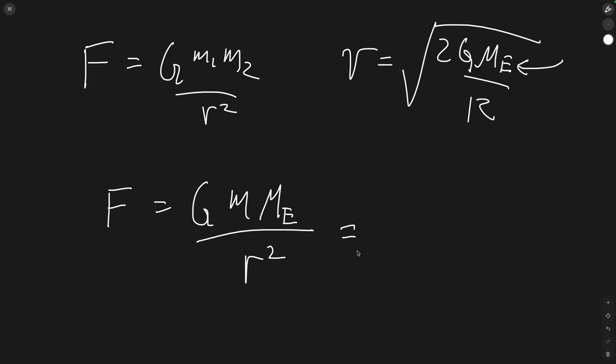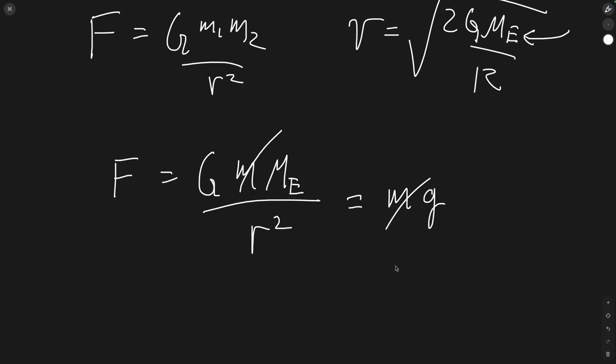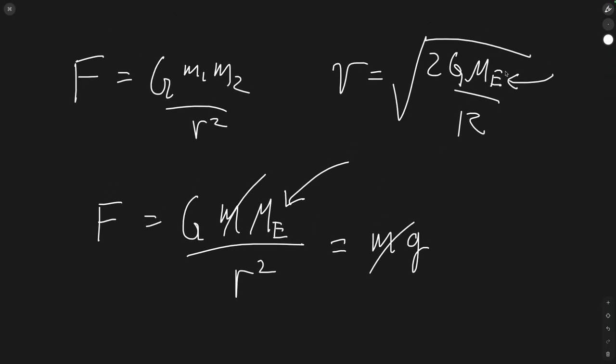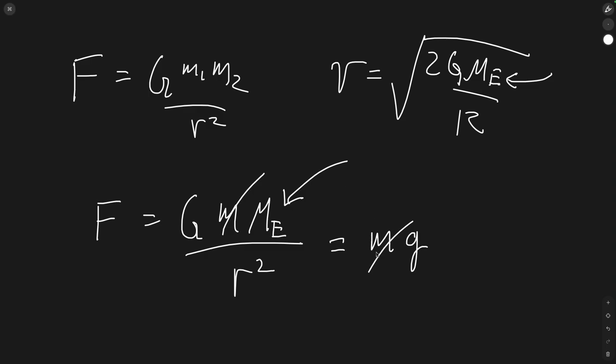This is going to equal mg. And so you see that these m's cancel, and we see now that the acceleration doesn't depend on the mass of that object. It only depends on the mass of the Earth. So that's how you know that you don't need to use the mass of the object.